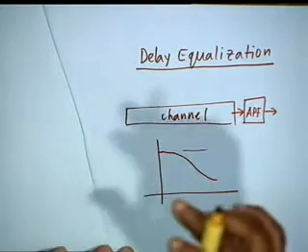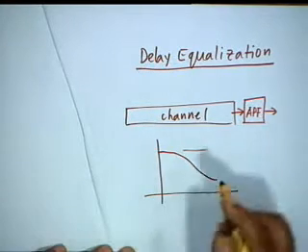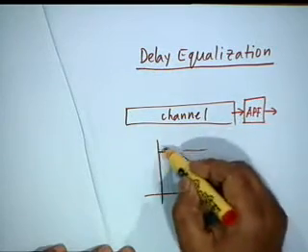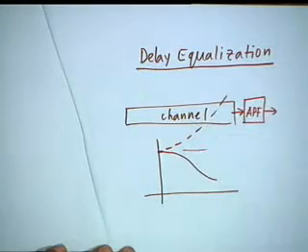The relative magnitude of all the component frequencies remains the same, but the phase is so designed that the group delay of the all pass filter rises like this in an inverse fashion.